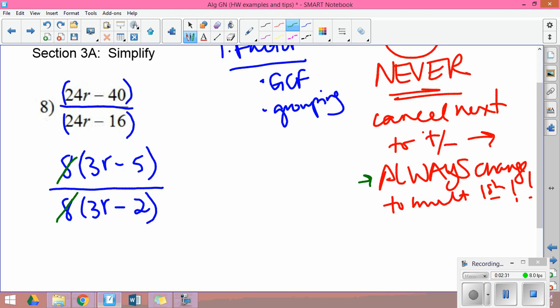But these 3r minus 5 and 3r minus 2 are locked in parentheses, so I can't cancel anymore there. And so this is my final answer.